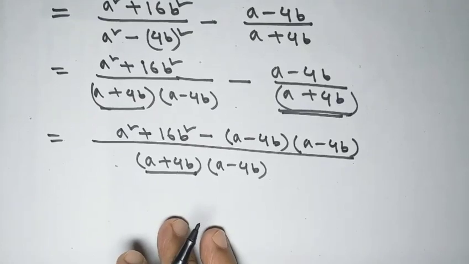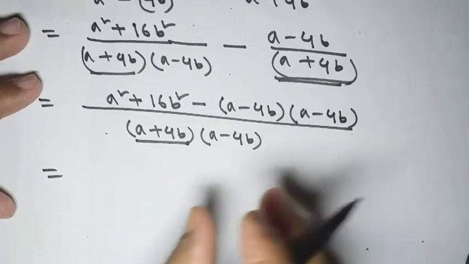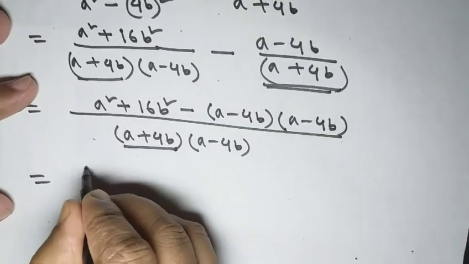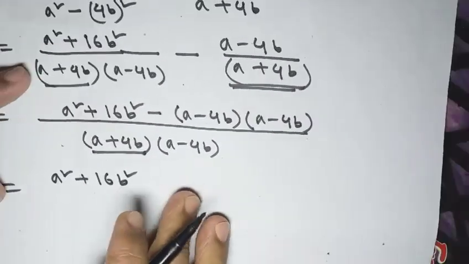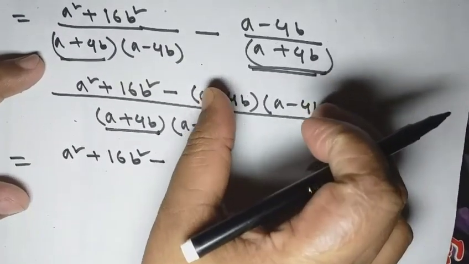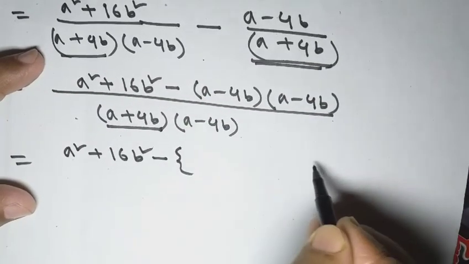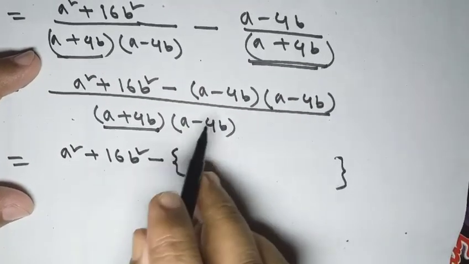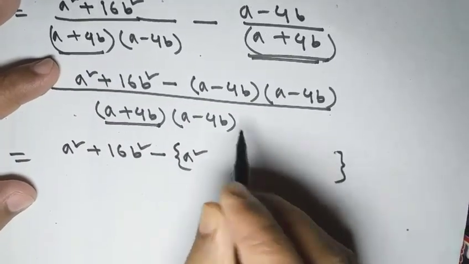Okay student, now we will multiply this to 1. So a square plus 16b square, and here is minus sign, so we'll give minus sign and we'll write the answer of these two product in the second bracket. Okay, so a and a, if we multiply, we'll get a square.